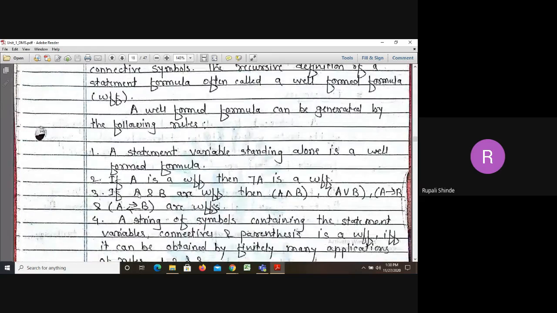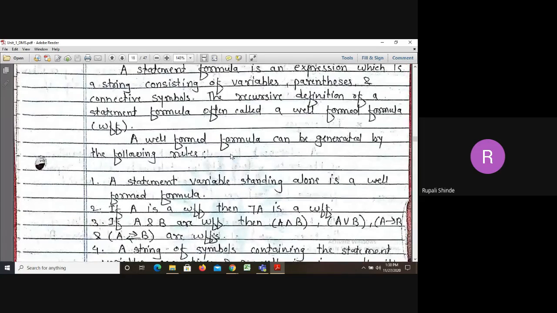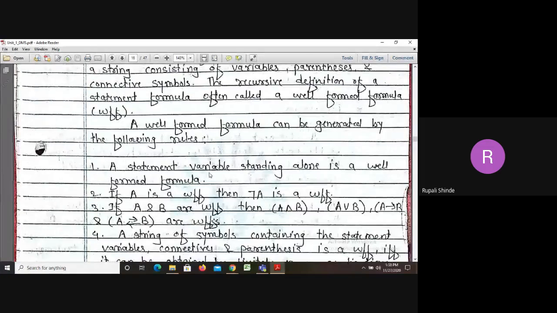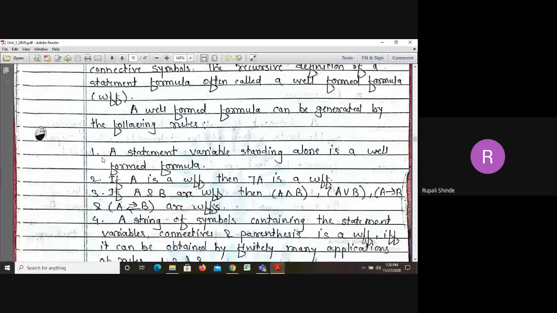So again, some rules are given by which we can identify whether a given statement is a well-formed formula or not. Rule number 1: a statement variable standing alone is called a well-formed formula. Any statement we can consider, that statement is always a well-formed formula. Second, if A is a well-formed formula, then negation of A is a well-formed formula.